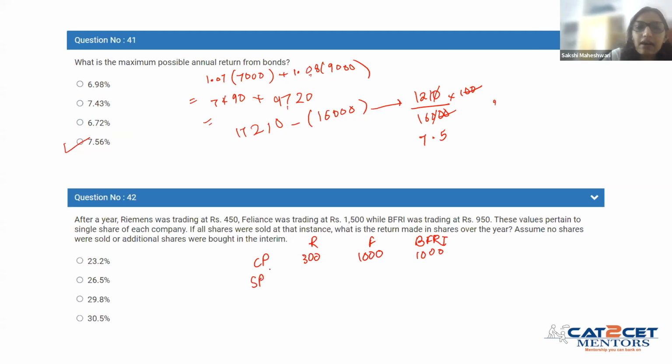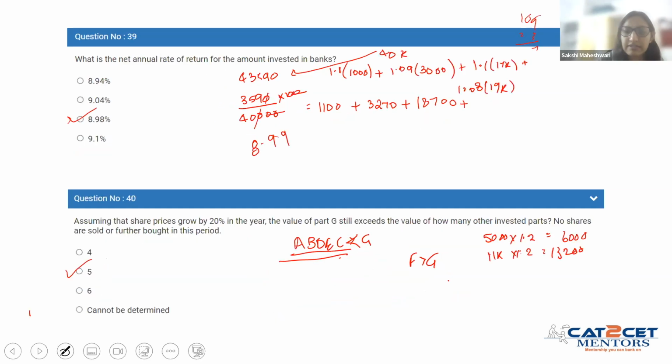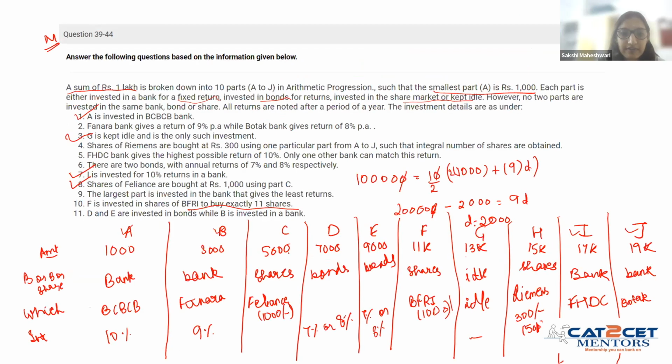And what is the selling price? This is 450. Reliance is 1,500 and BFRI is 950. So this is plus 150, plus 500 and minus 50. Also, let's see the number of shares. So number of shares, I think, for Reliance is 5 for 5,000, 5 shares.